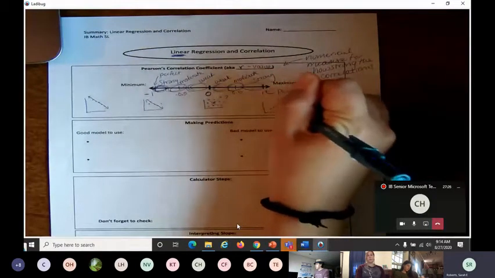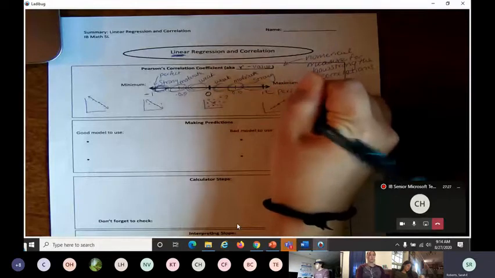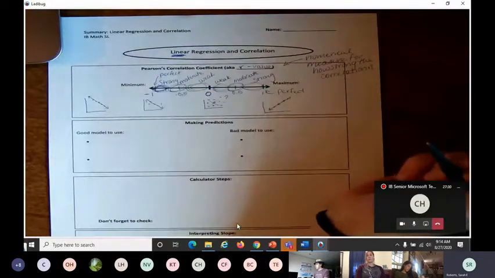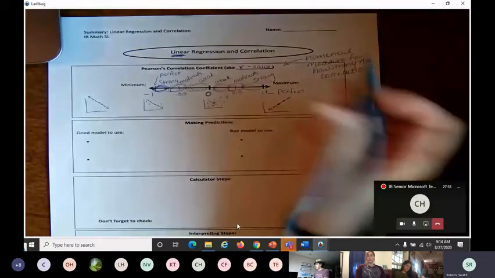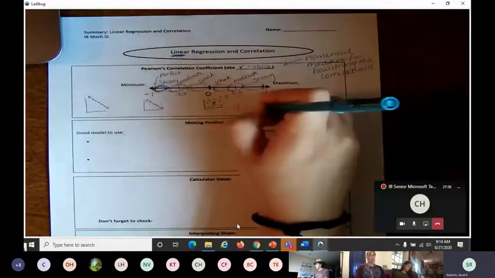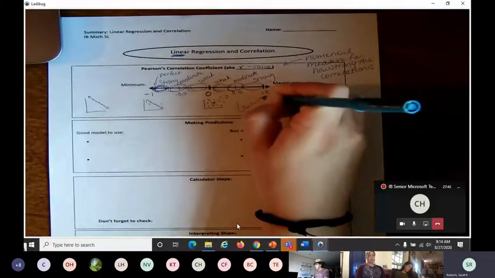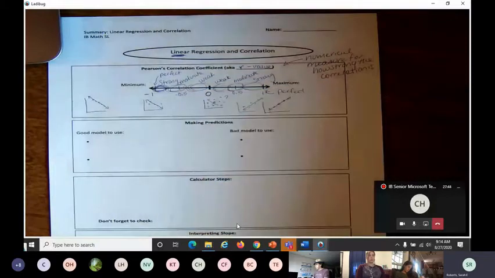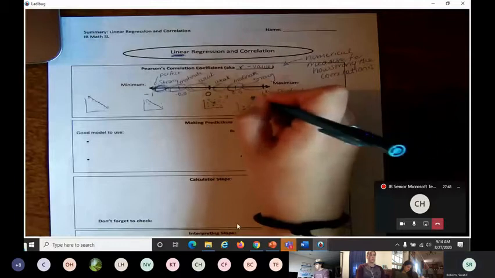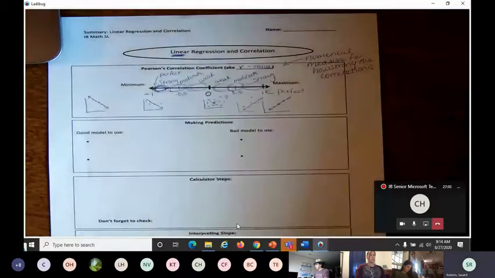So a perfect correlation is going to look something like this, where we have every single point exactly on the line. For moderate, maybe we have a positive slope, but not every single value is going to cut that line. There's a few data points that are far away from the line of best fit.